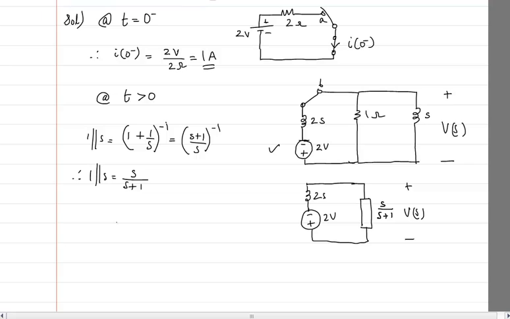And from that, using KVL, I can directly find out, or I can use the voltage division rule.